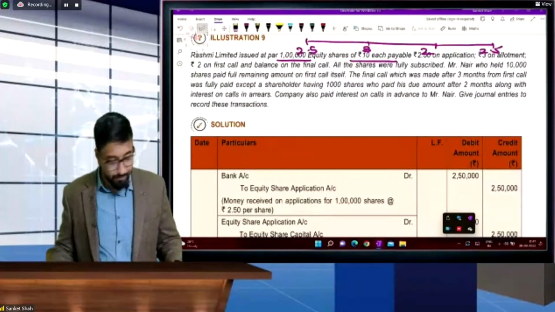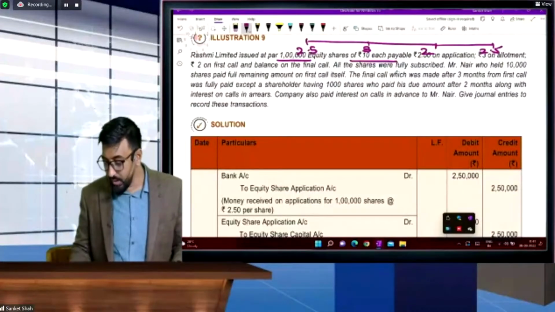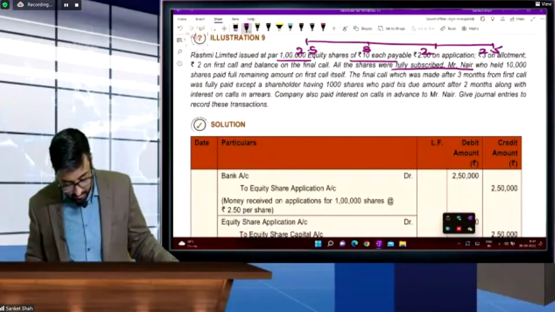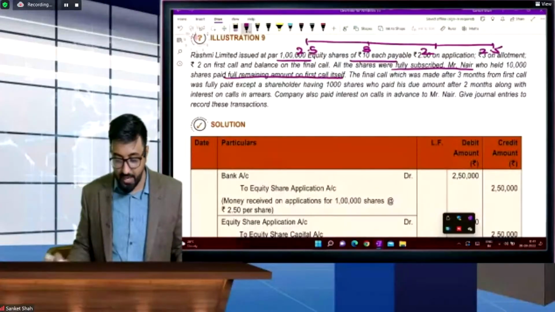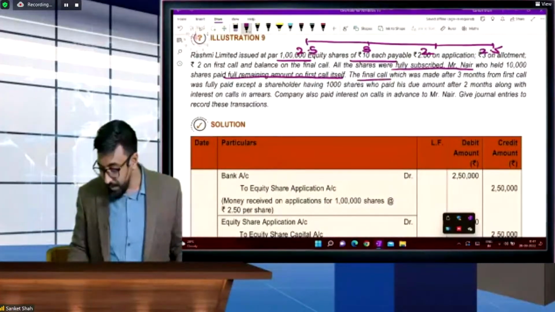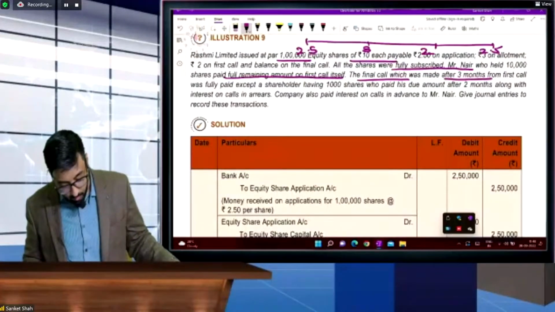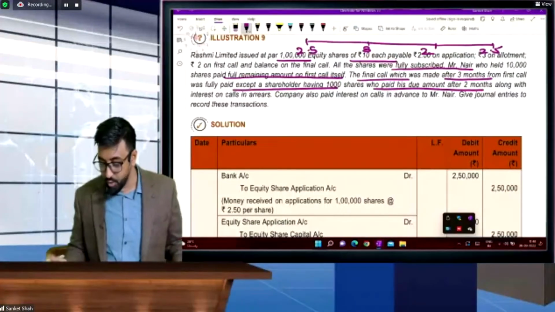Correct? Total is 10. All these shares were fully subscribed. Mr. Nair, who held 10,000 shares, paid the full remaining amount on the first call itself. And the final call, which is made after 3 months from the first call, was fully paid except a shareholder of 1,000 shares who paid his dues after 2 months.